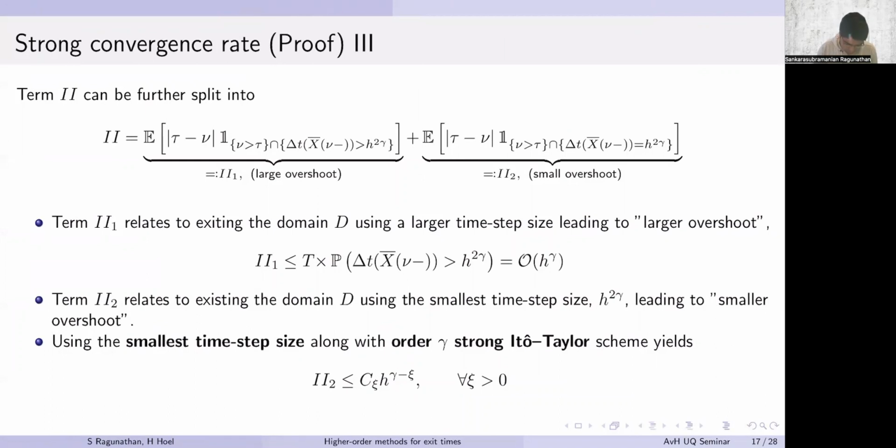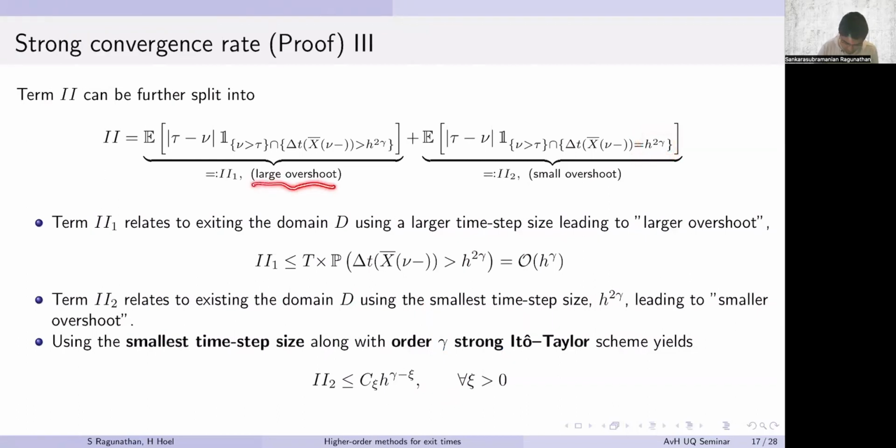Term 2 is more difficult to control. So we further split it into two other terms. One has to do with using a time step size which is larger than the smallest time step size possible, based on the number of critical regions that you have. And the other term is related to using the smallest time step possible, which relates to the order of the scheme that is employed.